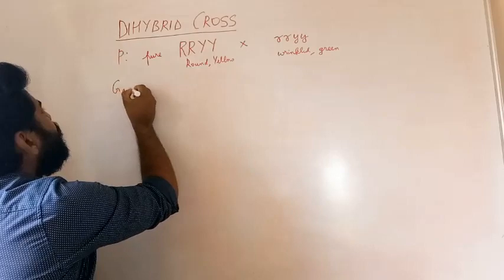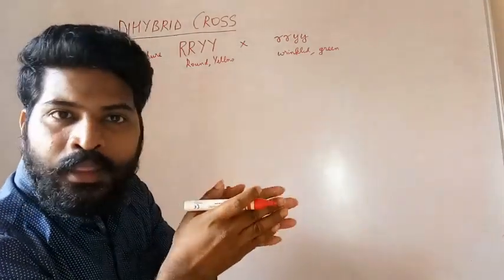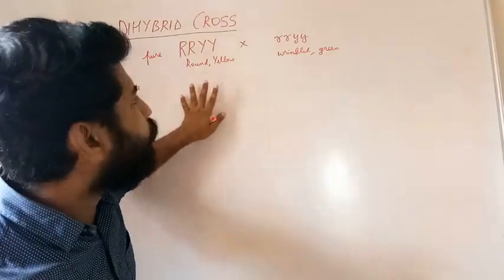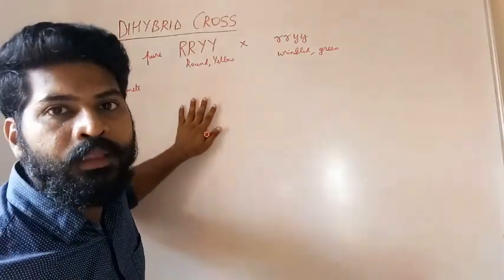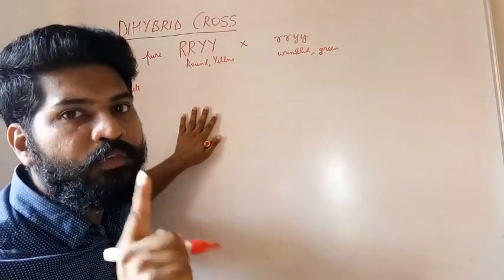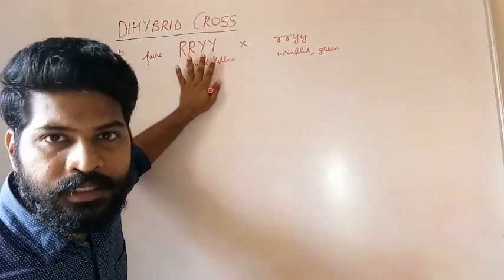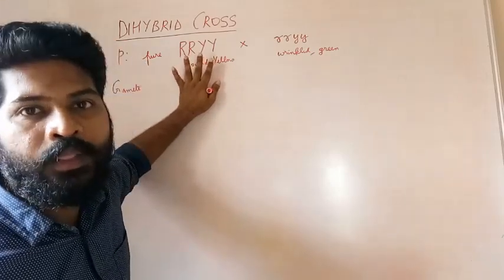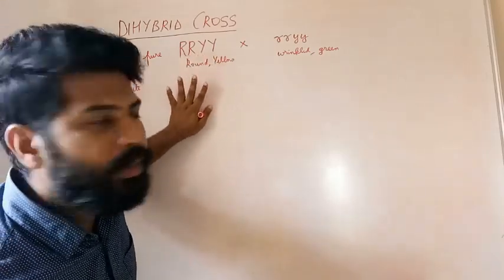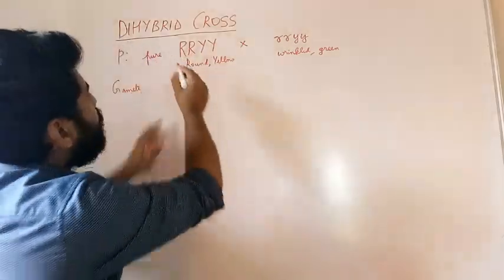We know that during gamete formation, alleles will separate. Now, this is where you have to pay attention. In the monohybrid cross, it is relatively simple because there is only one pair of characters. Now, here there are two pairs of characters.